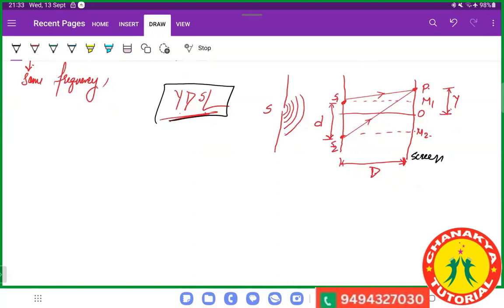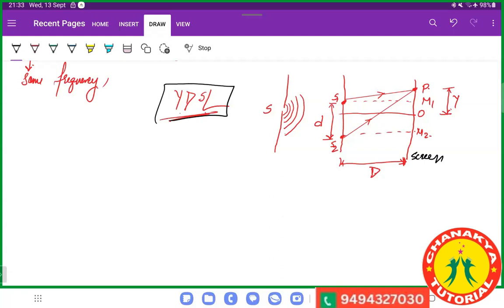So let's discuss about this one, then we'll write. We have drawn it. Now we need to discuss a little bit. Mr. Young, what he did was take two coherent sources, S1 and S2, of light, with the same time period.